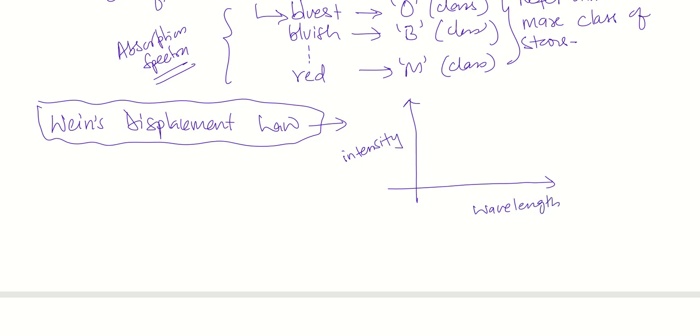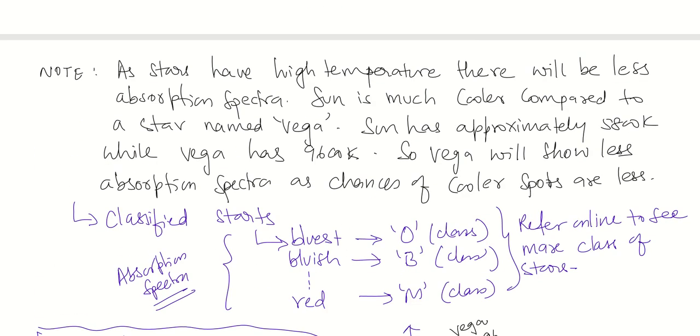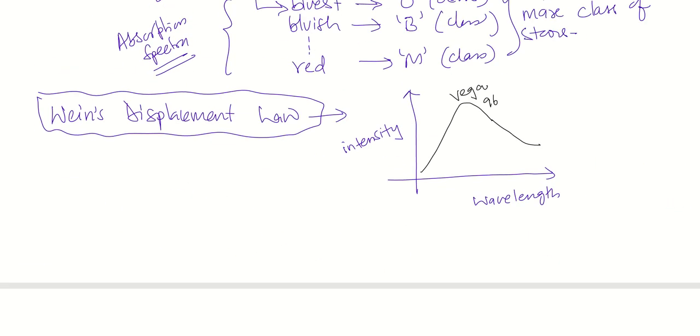So, for example, I have Vega here, which is at 9600 Kelvin.